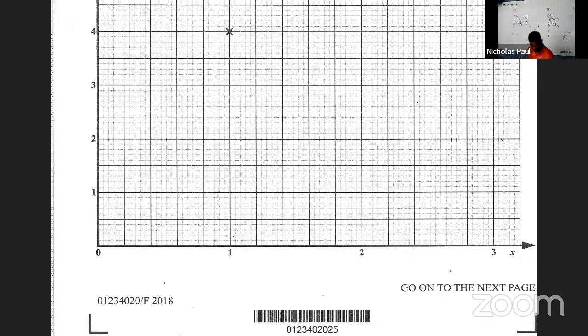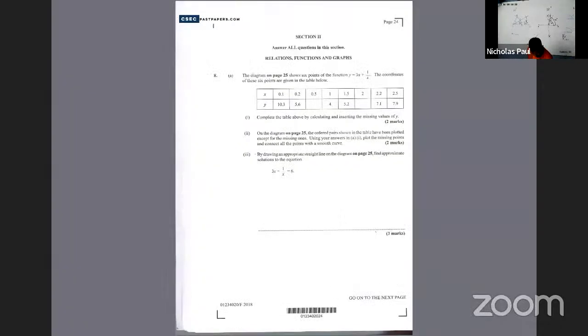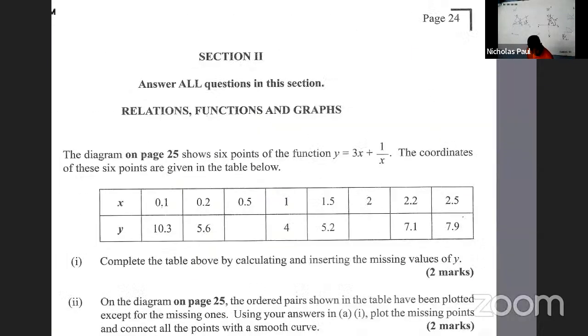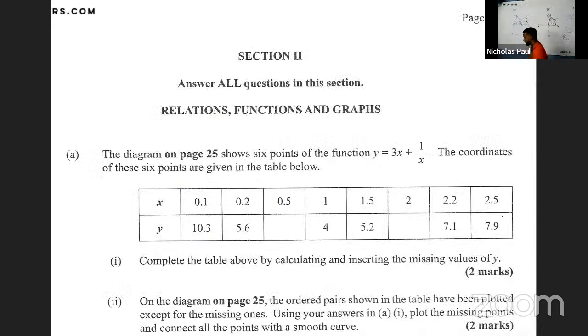Write down the scale. On the x-axis 5 is 1. On the y-axis 2 centimeters is 1. Plot it and connect it up.